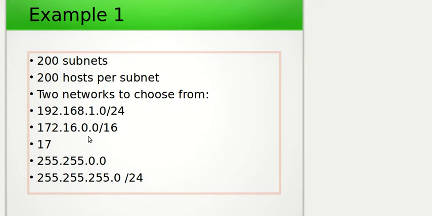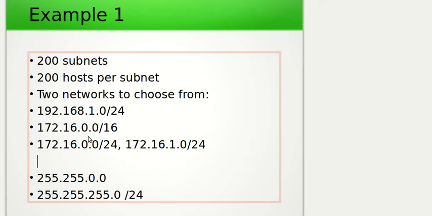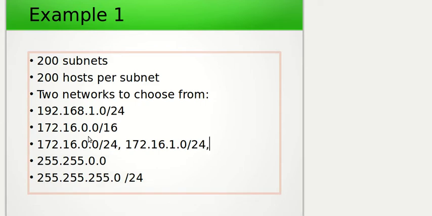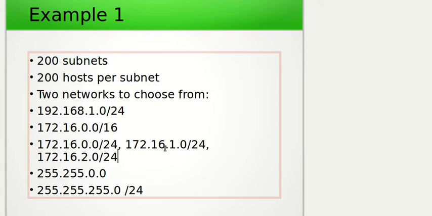So the first subnet is 172.16.0.0/24. Second subnet, 172.16.1.0/24. All we're doing for our increment is adding 1 each time to the third octet. So this is our first subnet, second subnet, third subnet.